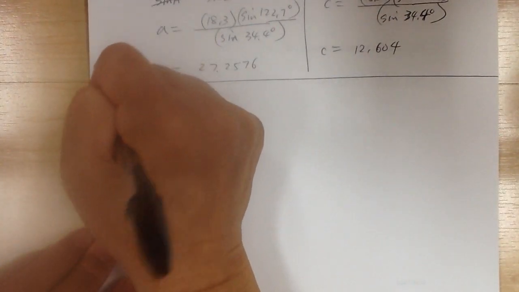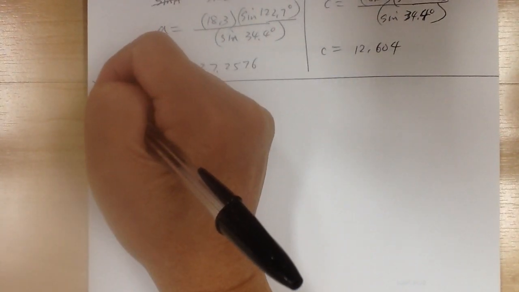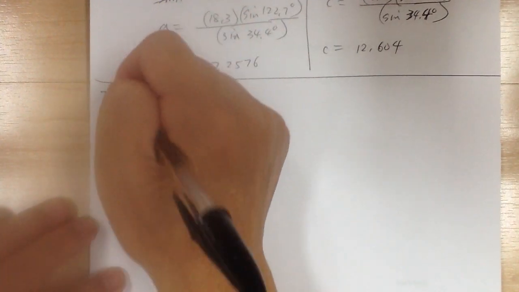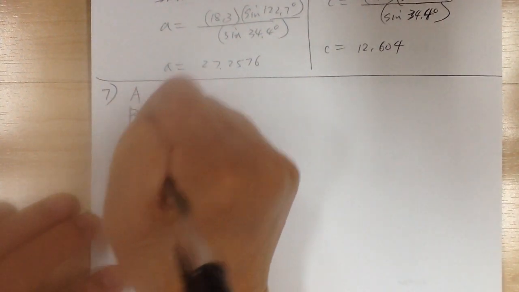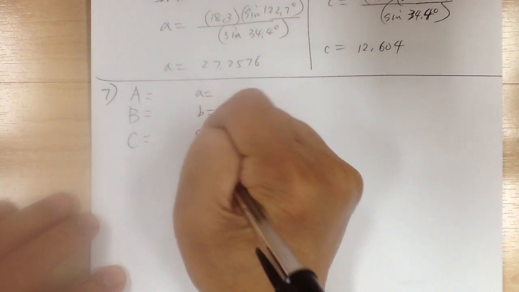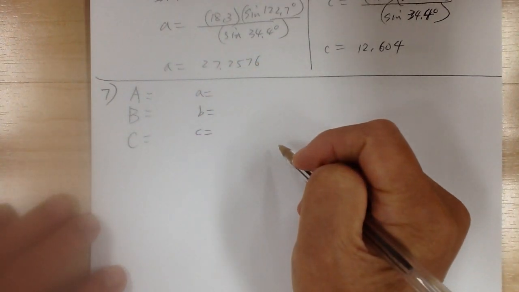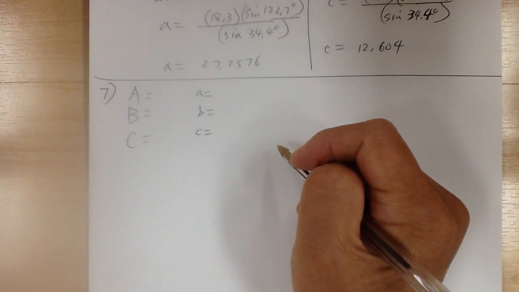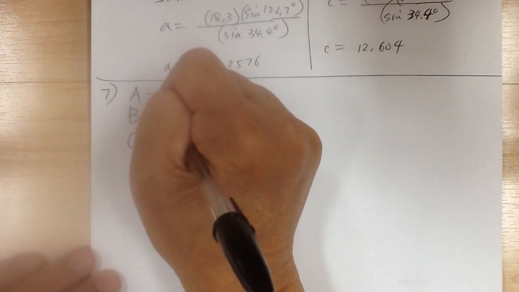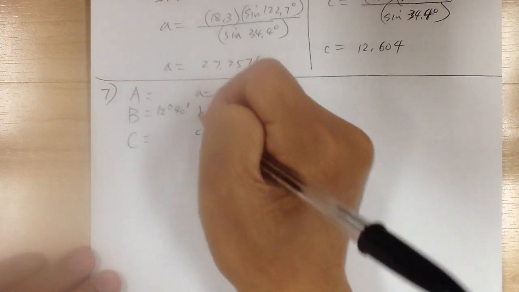Okay, let's go to number 7. So you can get your A, B, C. Okay, so B is 12 degrees and 40 minutes.